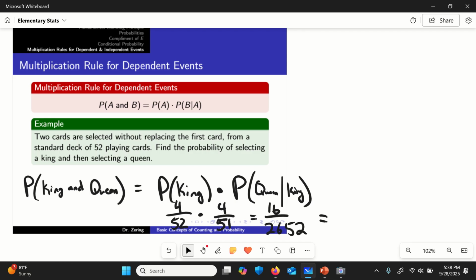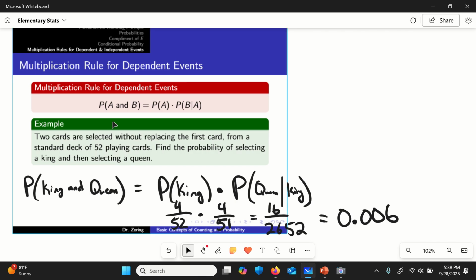Or in decimal version, that is 0.006 rounded to 3 decimal places. So the likelihood is close to 0, but it's not impossible because it's not exactly 0. But that would be finding our probability for some dependent events using this multiplication rule.